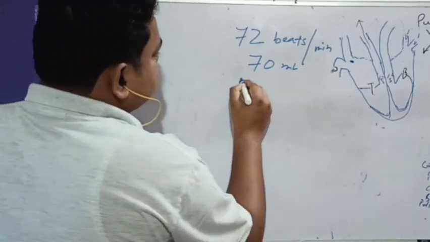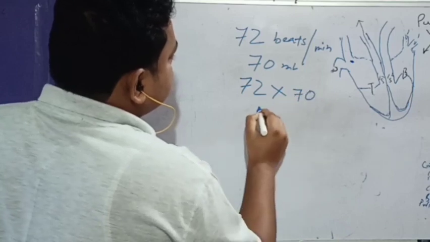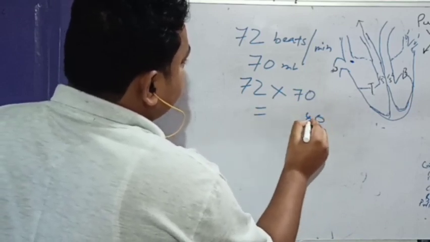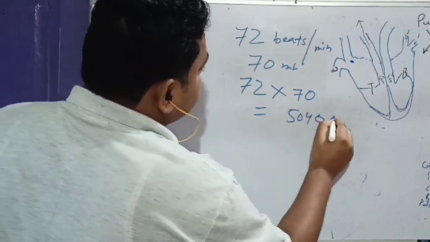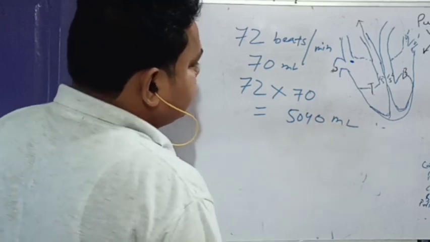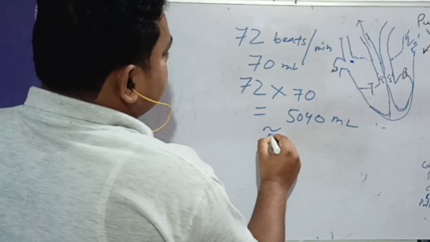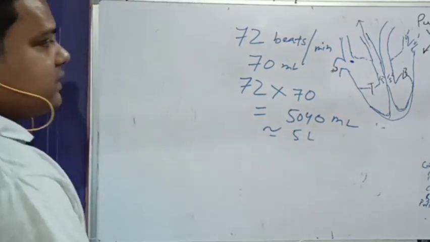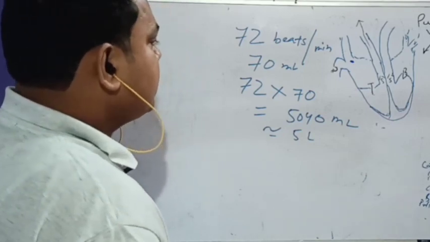It's nothing, 72 into 70, it is 5040. So 5040 milliliters, around 5 liters. This is known as cardiac output. Okay, so cardiac output.